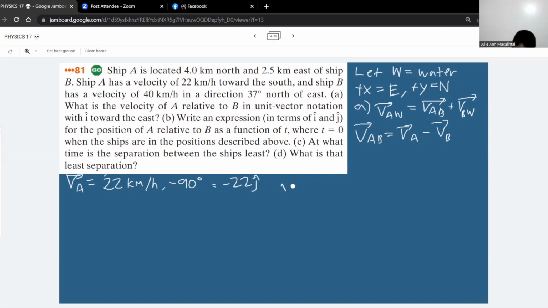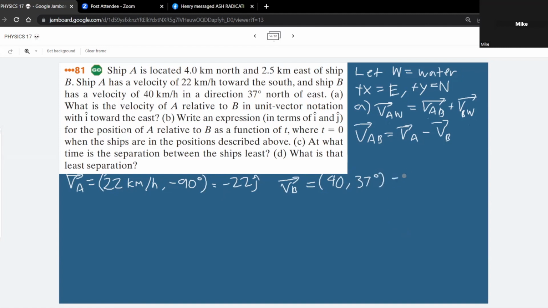And then yung V sub B, pakita mo yung calculation na involving yung sines at cosines. So 40 cosine 37 I 31.